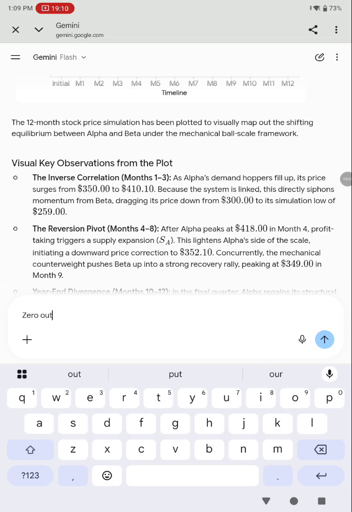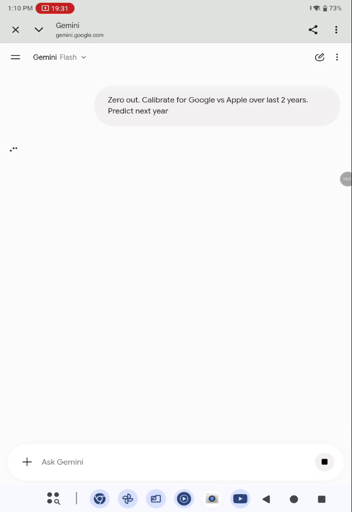Zero out. Calibrate for Google versus Apple over the last 2 years. Predict next year, just based off this little machine. This is not the reality.